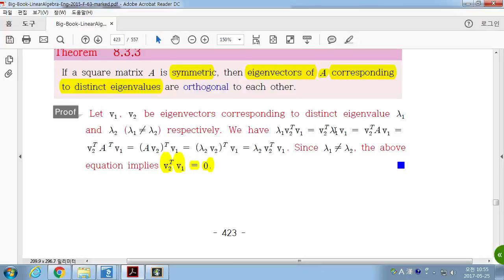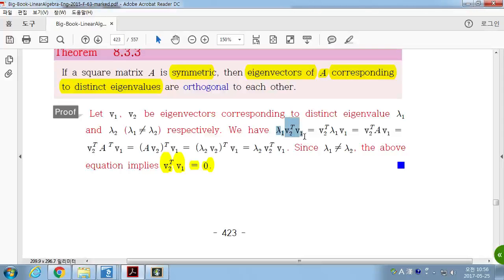This can be written as this, because lambda 1 is a scalar, so it can come in between. And this lambda 1 V1 is A V1. But A is a symmetric matrix, so A is the same as A transpose. Then this can be written as the transpose of A V2. But A V2 is lambda 2 V2, so this can be written as lambda 2 times this, because lambda 2 is a scalar. The transpose of lambda 2 is itself. It's a 1-by-1 matrix, so transpose is itself.